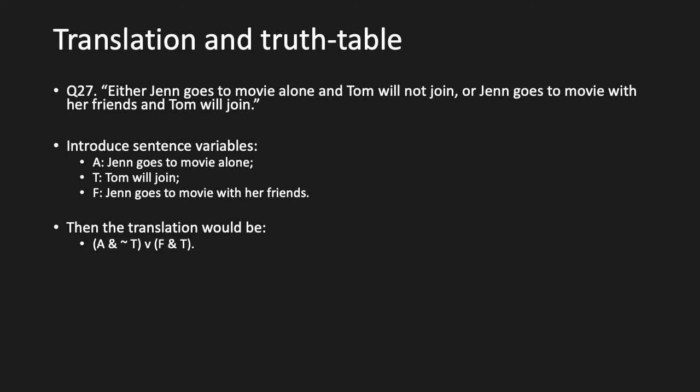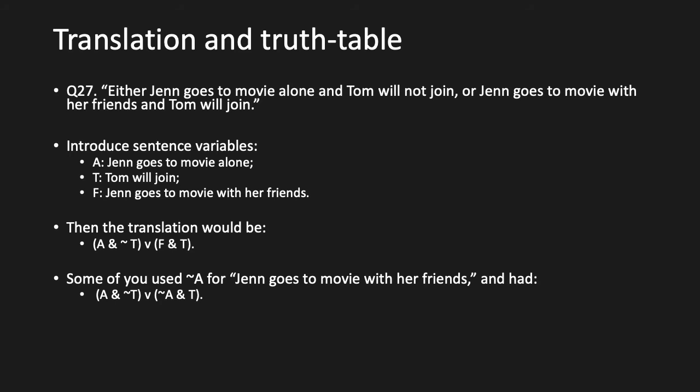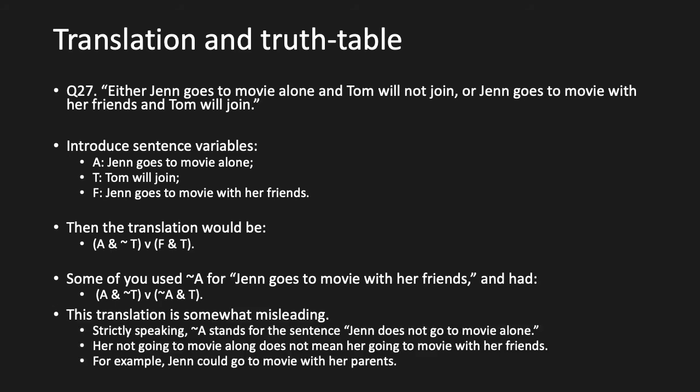Now, some of you used not A for Jan goes to movie with her friends and had this formula as your translation. Notice the difference. F is replaced by not A. Now, this translation is somewhat misleading, right? Because not A stands for the sentence, Jan does not go to movie alone. Well, her not going to movie alone does not mean her going to movie with her friends.